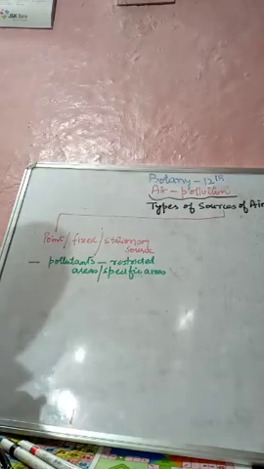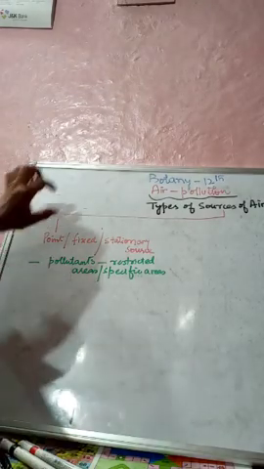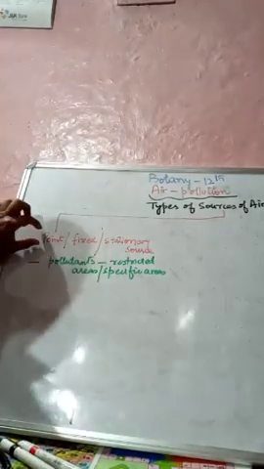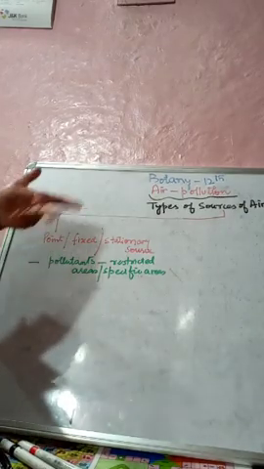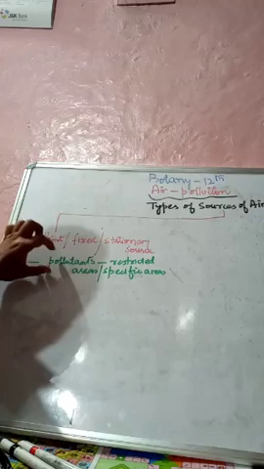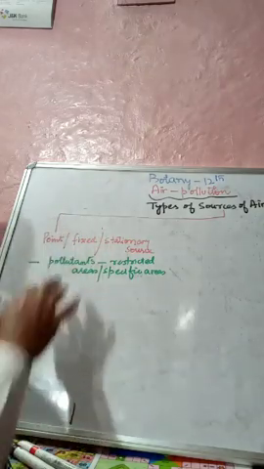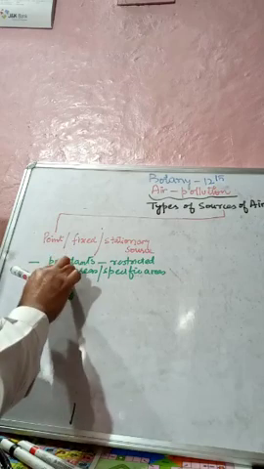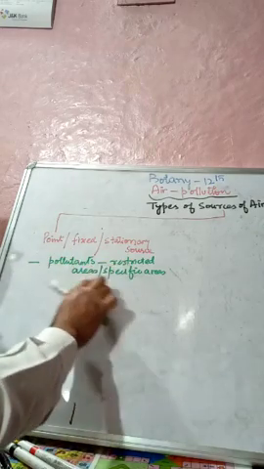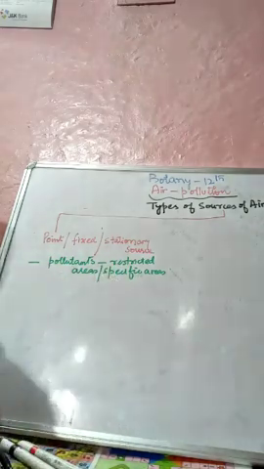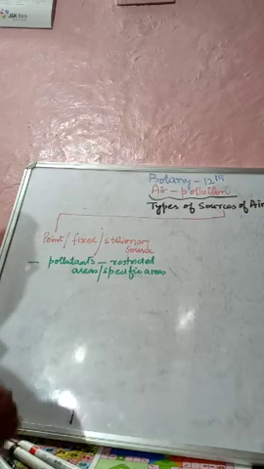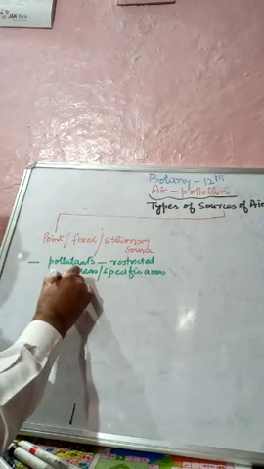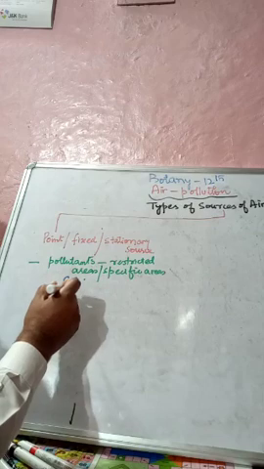So when the source of air pollution is the point type, or we can say fixed or stationary, they add the pollutants to the restricted or specific areas. If we want to know the examples, what are the various examples of this?